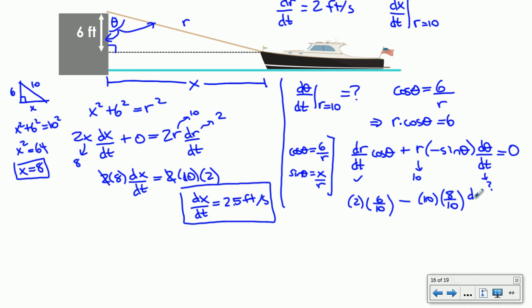And then we need to solve for d theta/dt. After some work, we'll eventually get d theta/dt is equal to 12 divided by 80, which is equal to 0.15, and that's going to be units of rads per second.